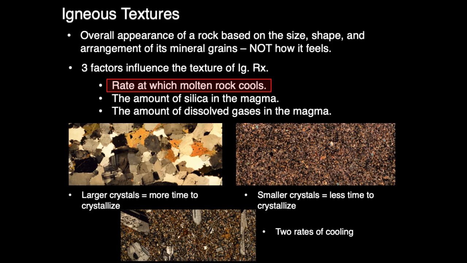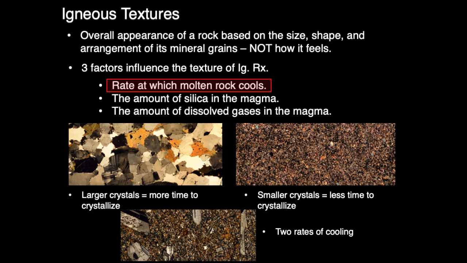So when we consider that first factor, initially, a magma body located many kilometers beneath the Earth's surface remains insulated from lower surface temperatures by the surrounding rock, and thus cools very, very slowly over a period of thousands or even millions of years.